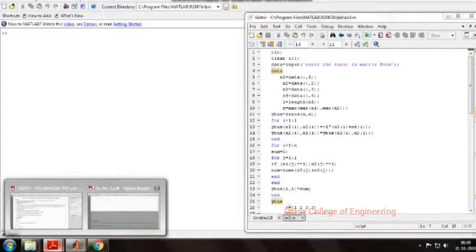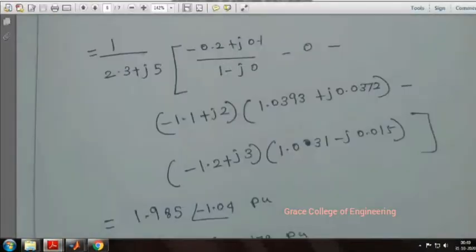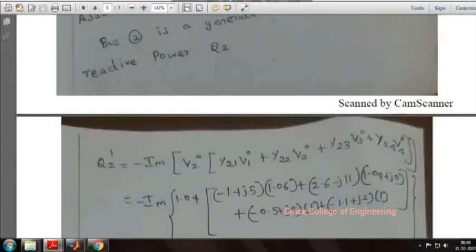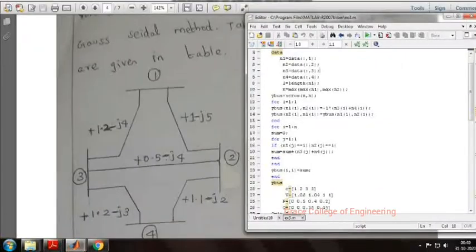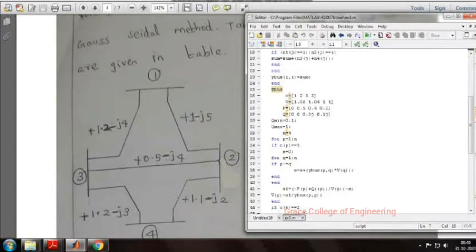We can see that input in the problems we have given. These are the values we have to enter for the program.